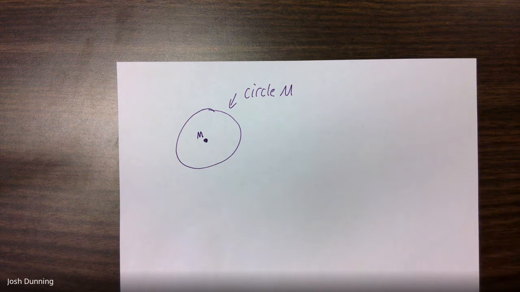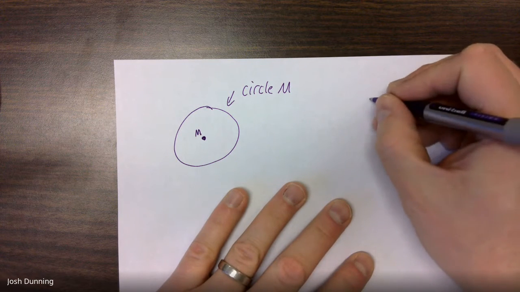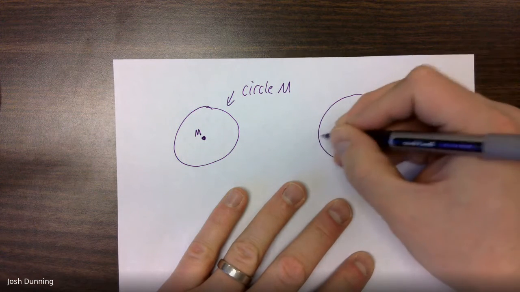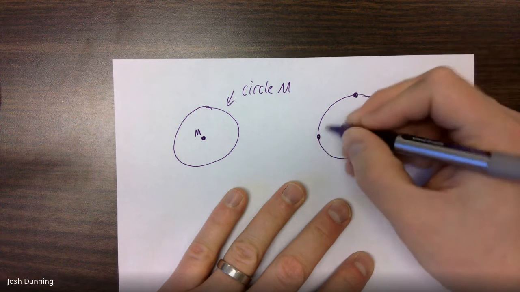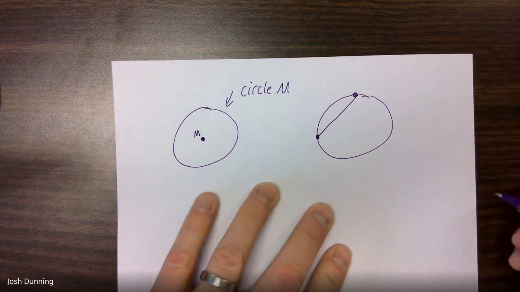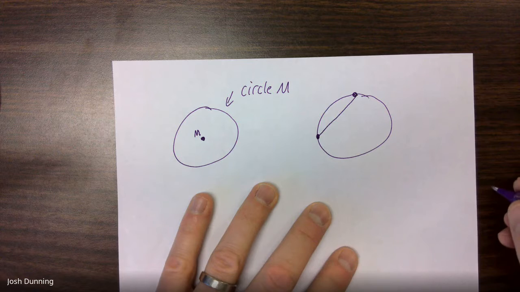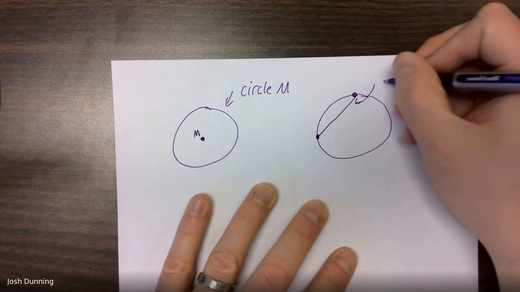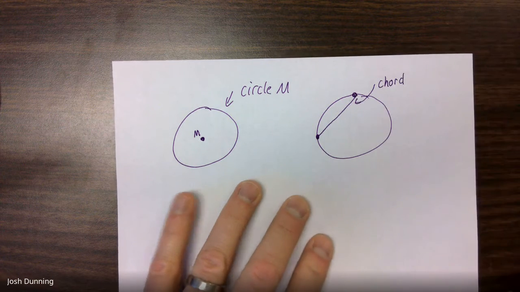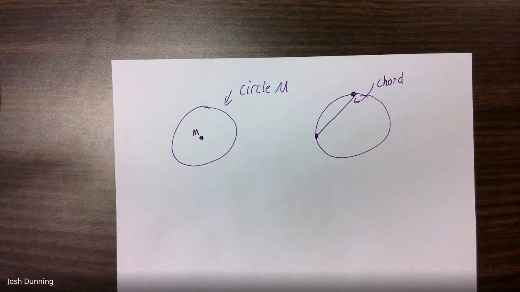Now, we also have some other lines we're going to talk about in the circle. If you connect any 2 points of the circle on the inside, this is called a chord. And a diameter is a special chord that goes right through the center and cuts the circle in half.